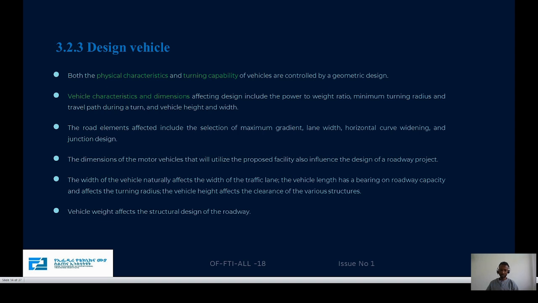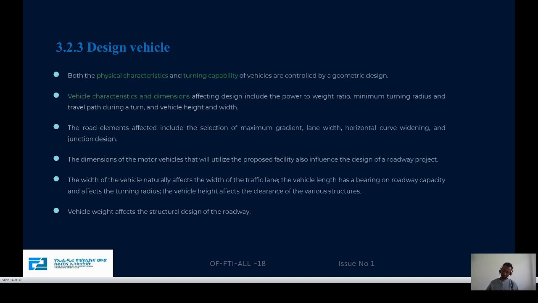When the vehicles are longer, the turning radius of horizontal curves will also increase. In addition to the vehicle dimensions, the power-to-weight ratio is important. Minimum turning radius is very important. Traveling paths during a turn are very important. Vehicle heights and widths are also very important in the geometric design.